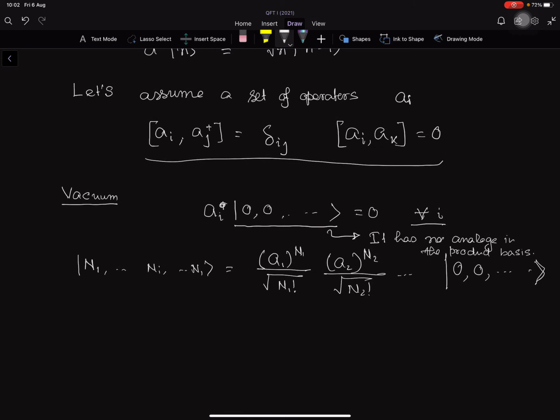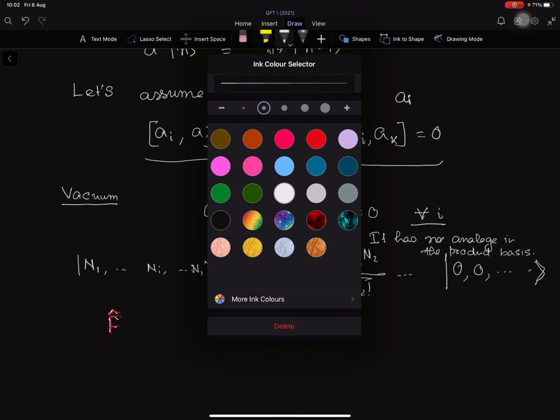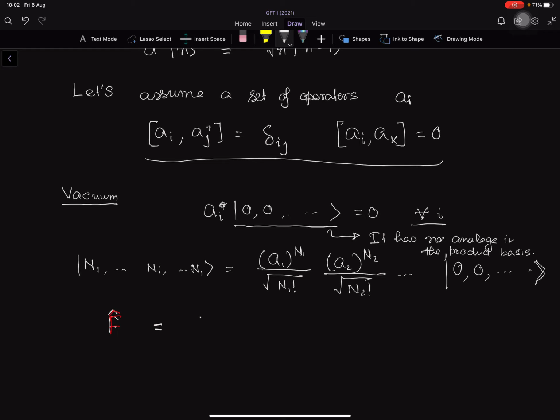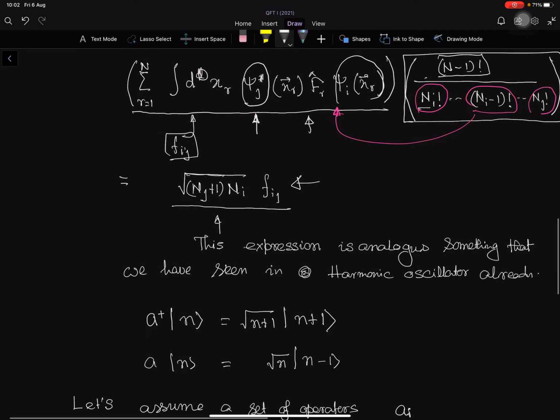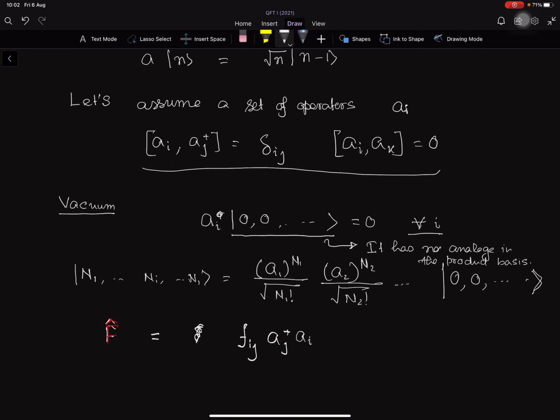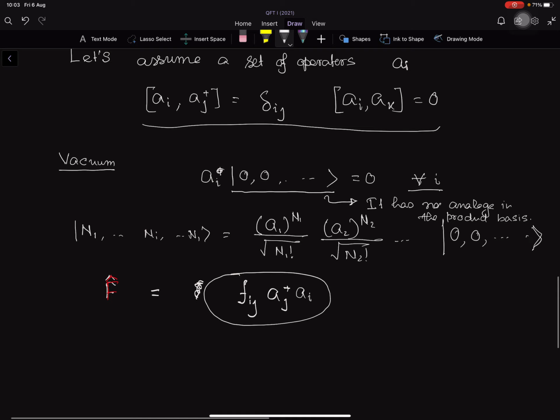But once I have written it in this form, then the multiparticle operator F can simply be written in this way. This representation is called the representation in the occupation number basis.